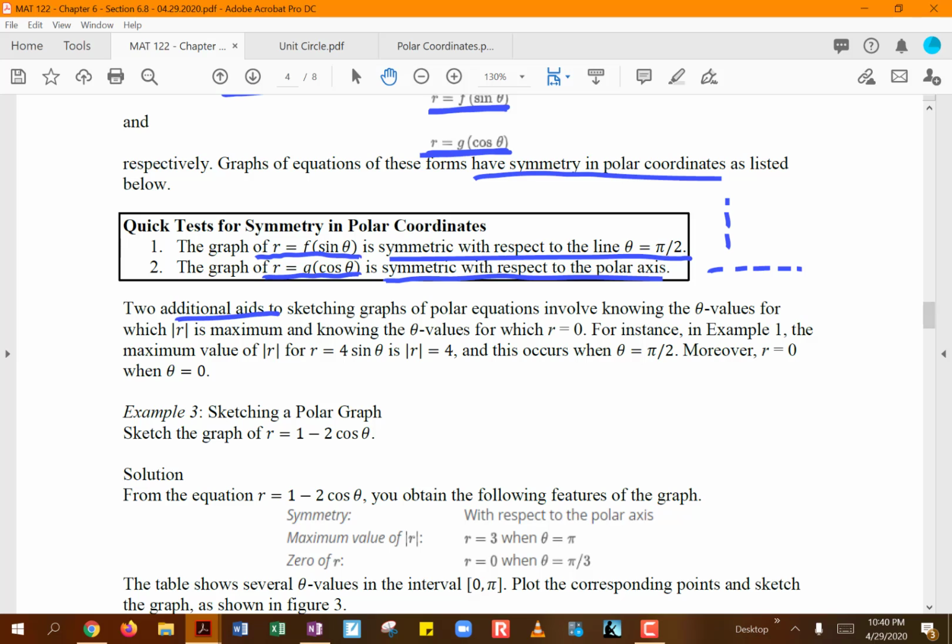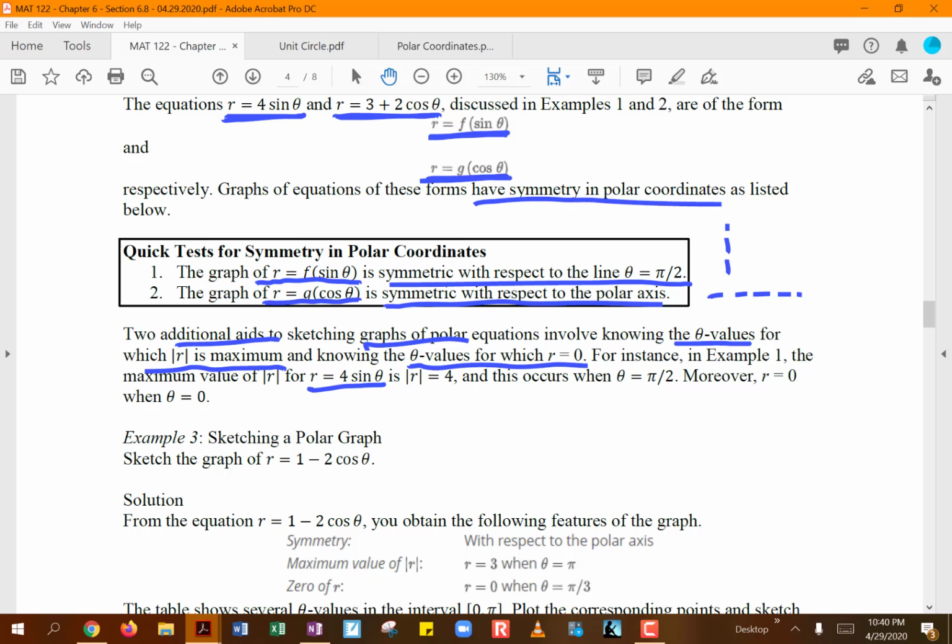Now, the two other aids we want to talk about, which will help us in sketching these graphs, involve the values of theta, and based on those values of theta, what kind of r values we are getting, so we can figure out where our r function, and that's the absolute value of r, is going to be maximum. And also, with the given theta values, we can figure out where the r values are going to be 0.